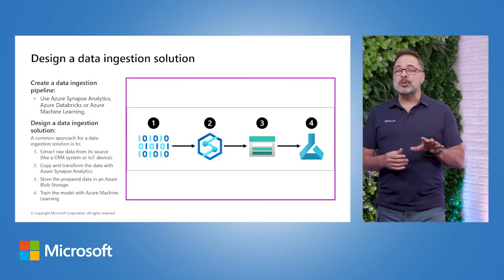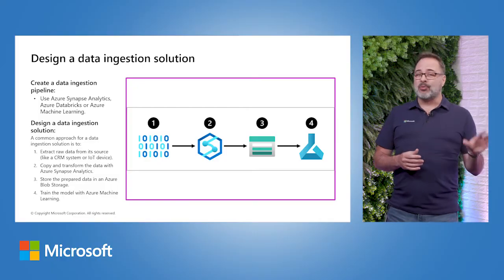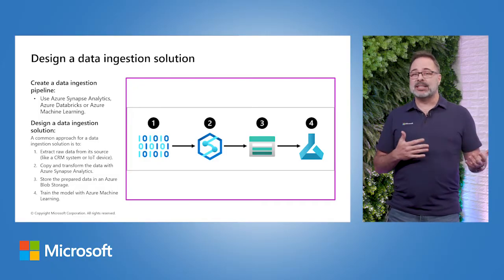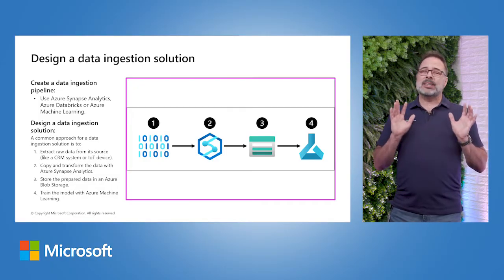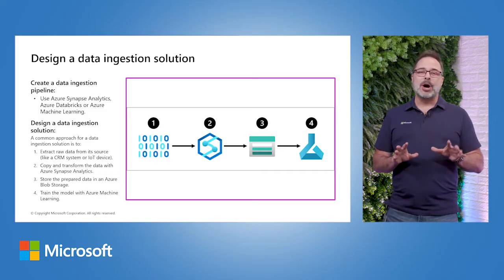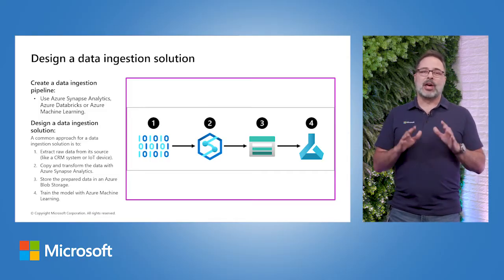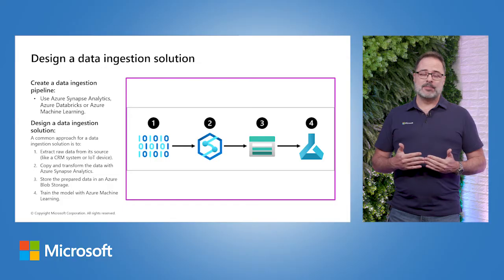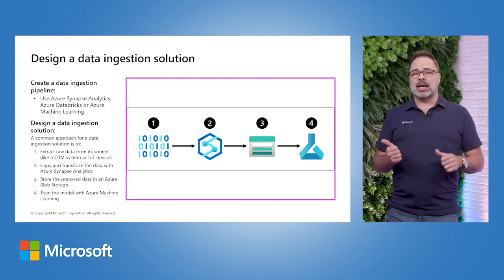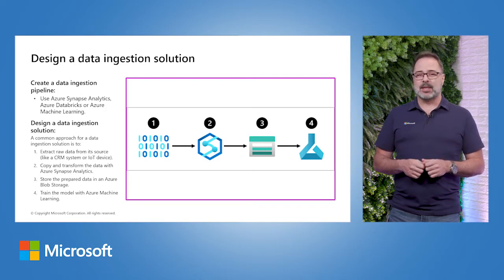Although we could use the Azure Machine Learning Service to perform those ETL or ELT operations, there are some better tools that are much more dedicated for the job that are readily available to us. The two most common tools that tend to get used are the Azure Synapse Analytics Service and the Azure Databricks Service.